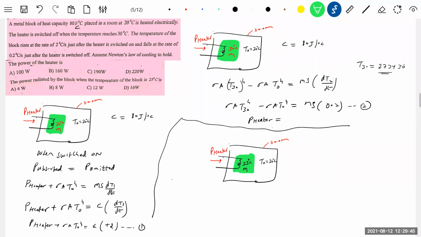Now write down the equation. When the temperature of the block is 25 degrees Celsius, what is the power radiated by the block?